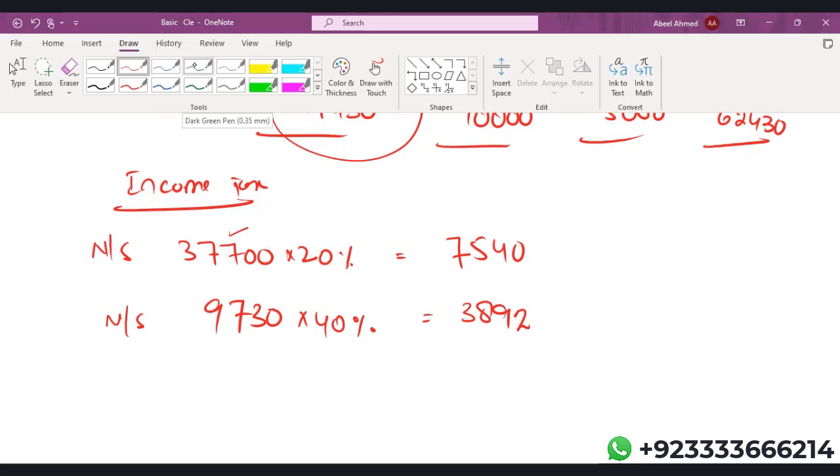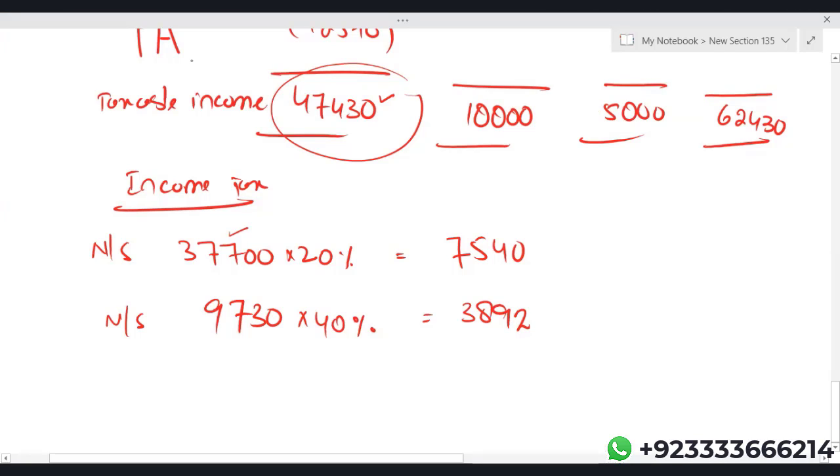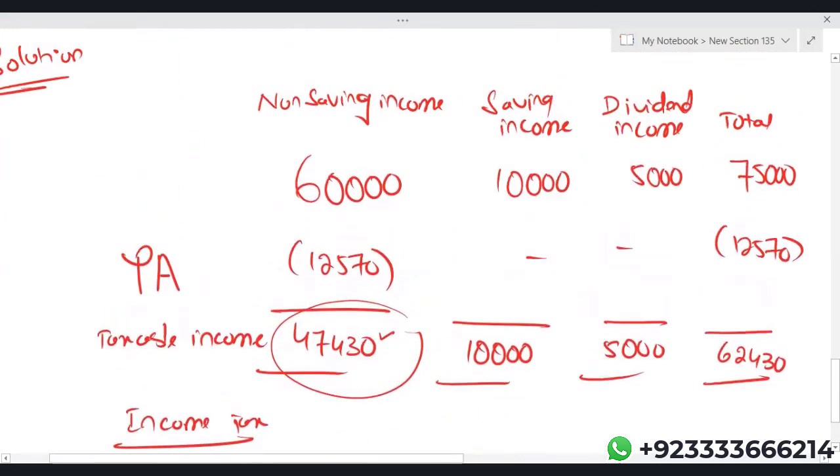Now students, please, you need to learn very important concepts. Number one, whenever in the column of non-saving income, after deducting the personal allowance, the taxable income is 5,000 or more, then the starting rate band for the saving income will not apply.